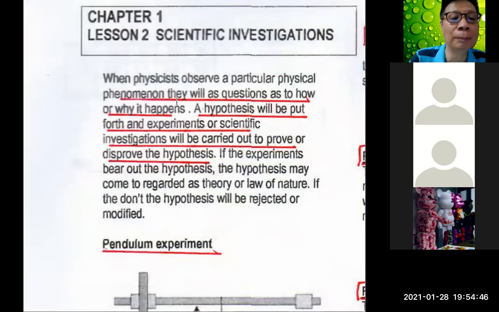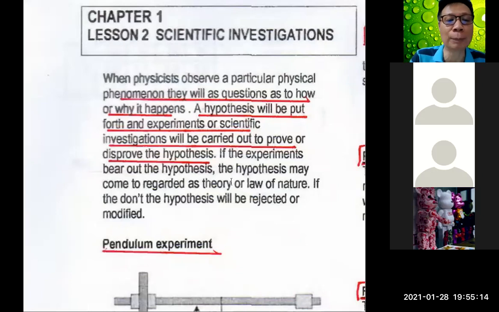Now we see here: a phenomenon will raise questions of how and why it happened. Then a hypothesis, meaning the question in your mind, will be put forth, and an experiment or scientific investigation will be carried out to prove or disprove the hypothesis. You want to know whether this is correct or wrong.